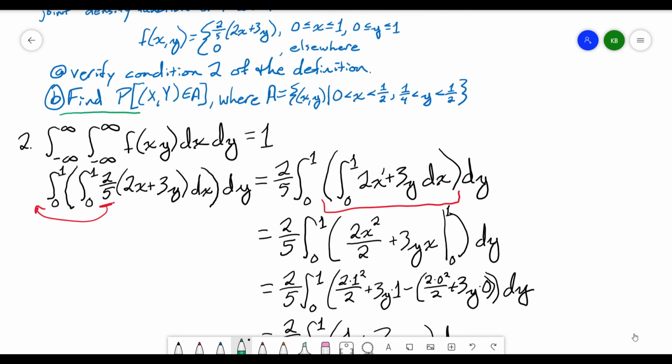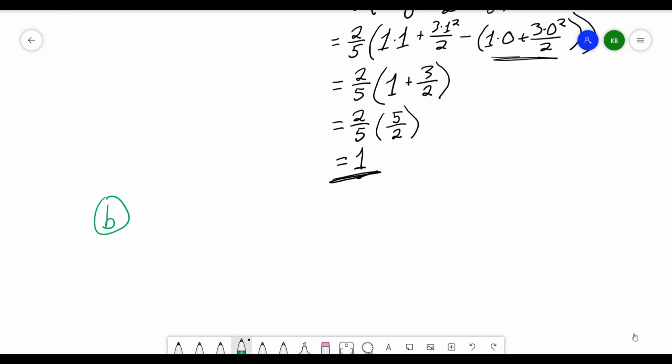Now remember, part B was asking me to find the probability that my random variables fall in this region A, and I'm given bounds for x and bounds for y for my region. Now in the definition, it told me that this is equivalent to the double integral over that region A. For part B, I'll be taking an integral.